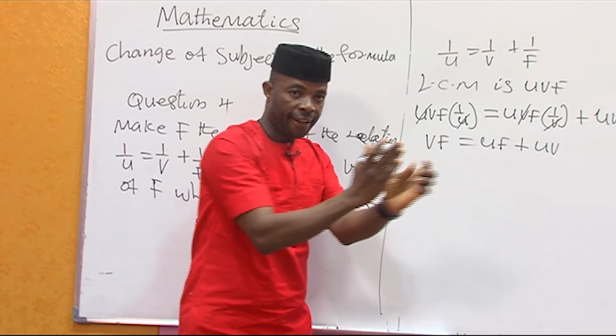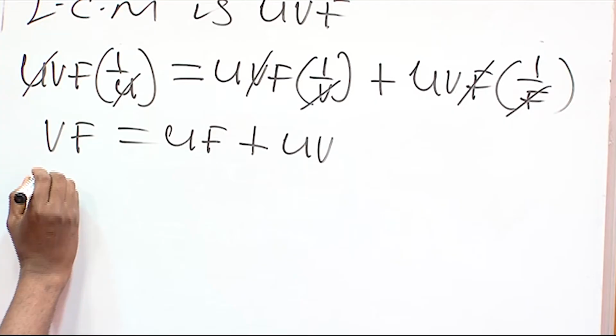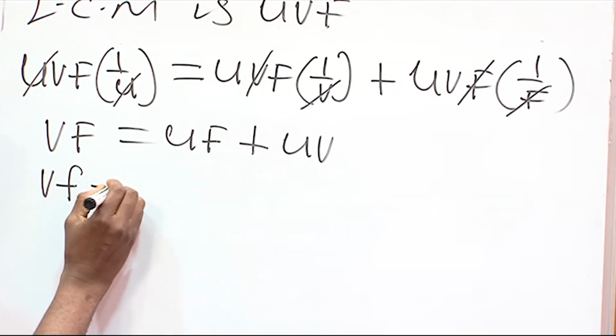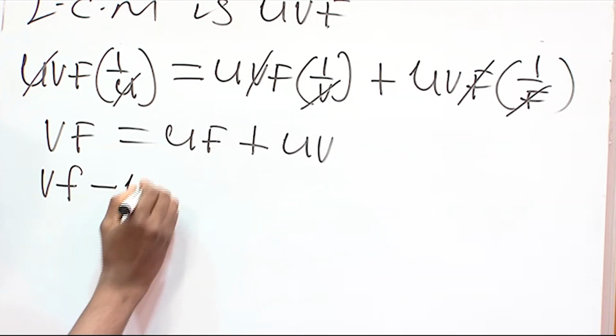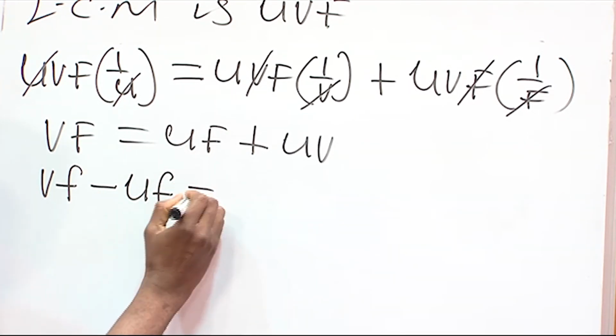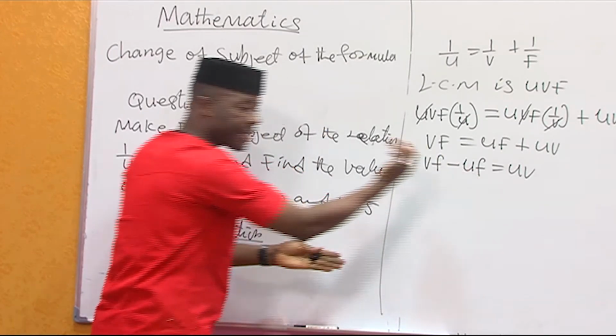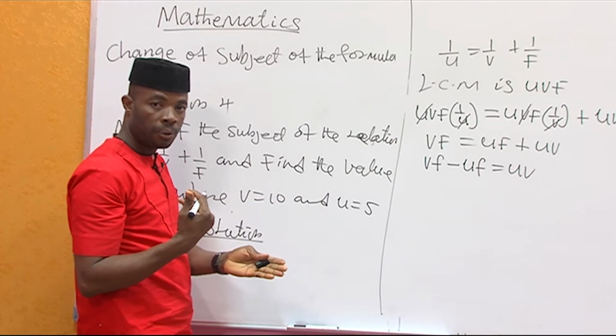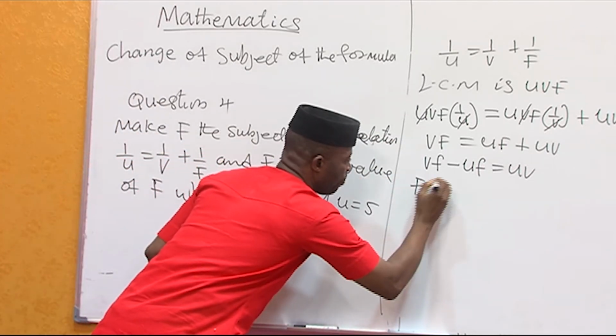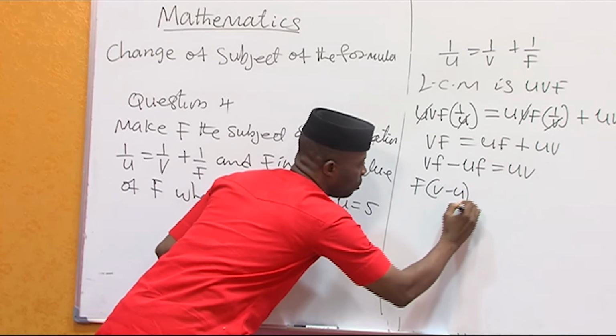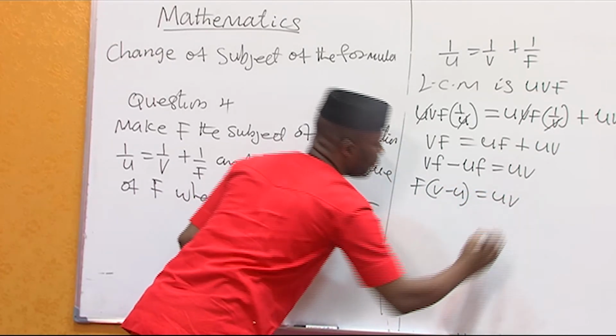Let all the F be on one side. VF minus UF equals to UV. Now F is here, F is here. Let's take it out as a common factor. F bracket V minus U equals to UV.